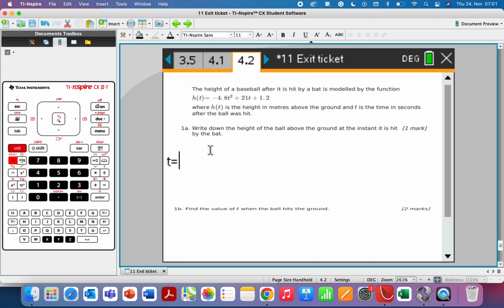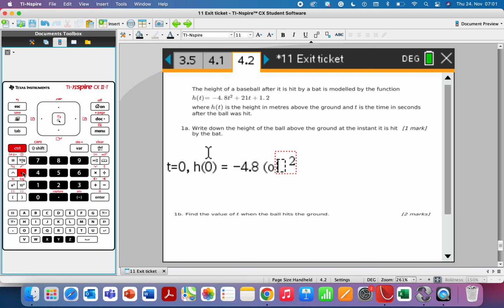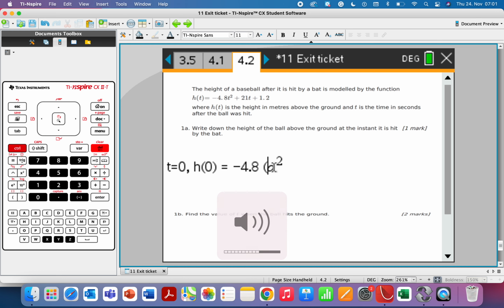So when t equals 0, the full working out would be h of 0 equals negative 4.8 times 0 squared. Put a little 0 in here. Okay, and that'll be plus 21 times 0.